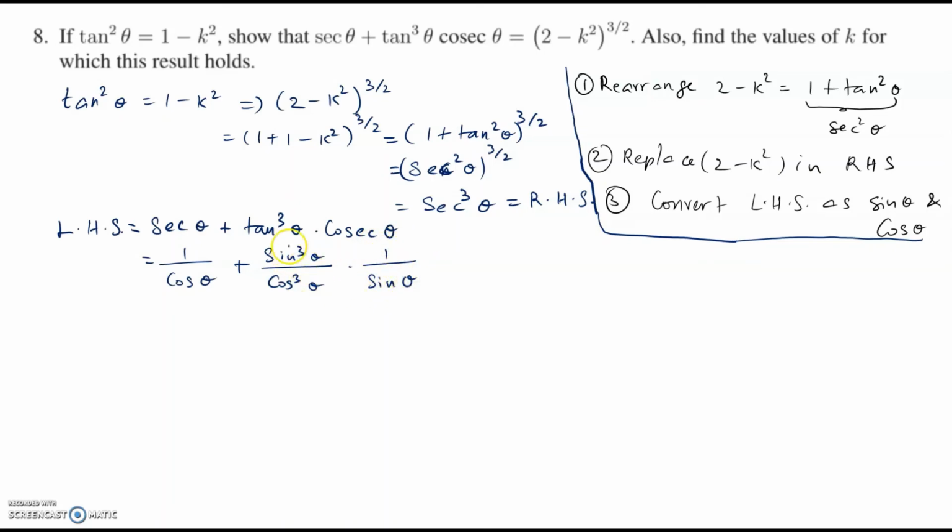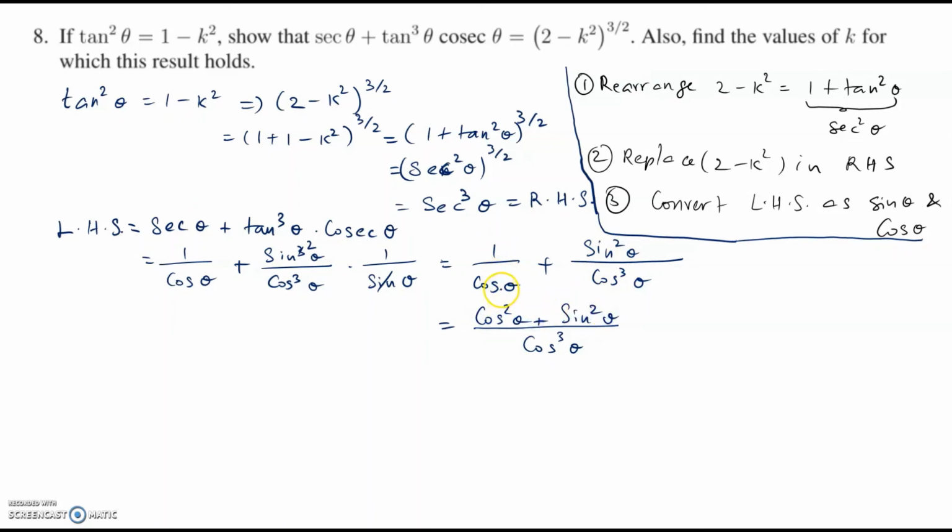So further sinθ here will get cancelled and this is going to become 1/cosθ + sin²θ/cos³θ. Further simplifying this, you can take the denominator as cos³θ. So our numerator will now become cos²θ + sin²θ.